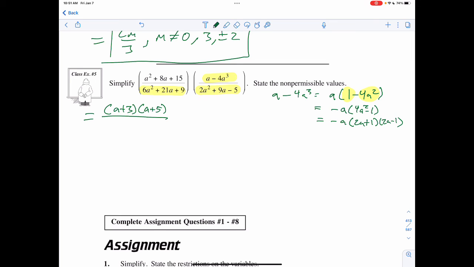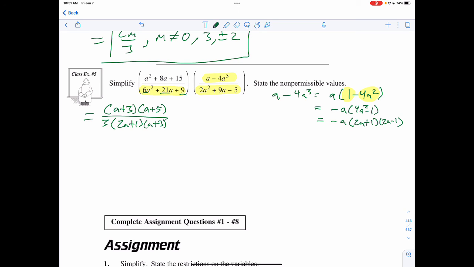When I factor down the denominator, then I'm going to pull out a common factor of 3, which would leave me with 2a squared plus 7a plus 3. And when I use decomposition on this, I'm going to get 2a plus 1 and a plus 3 when it is fully factored down.